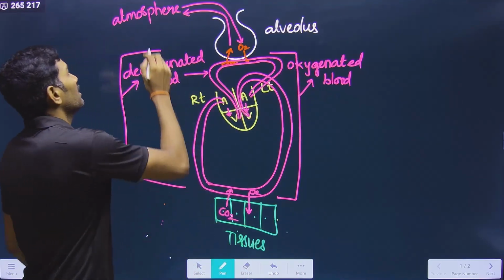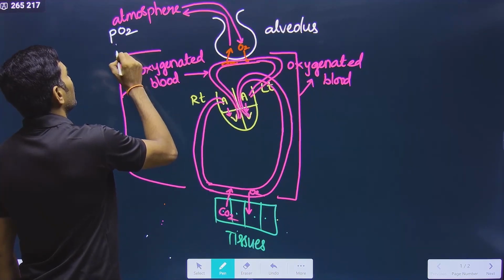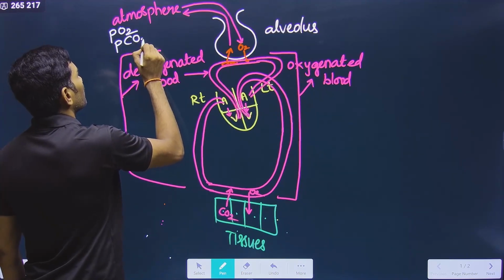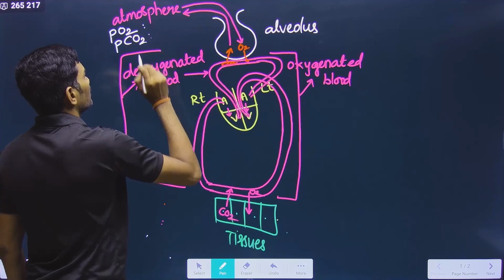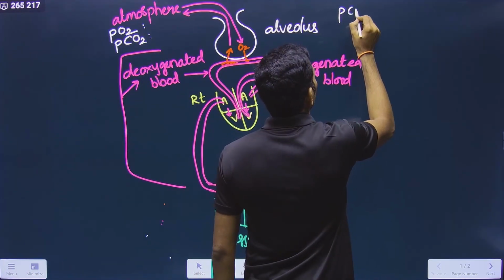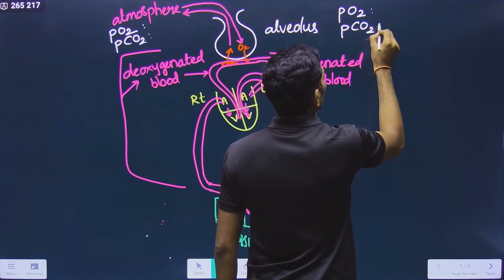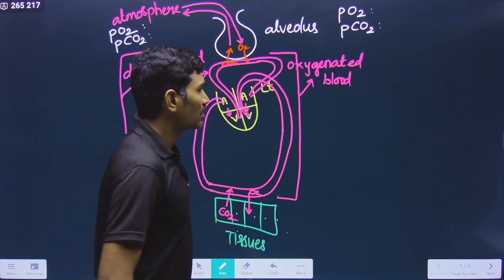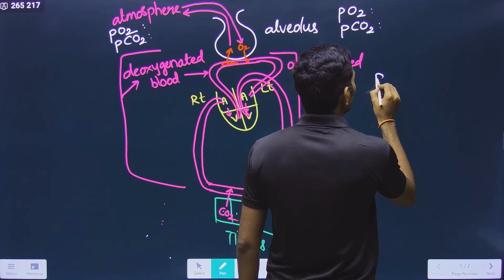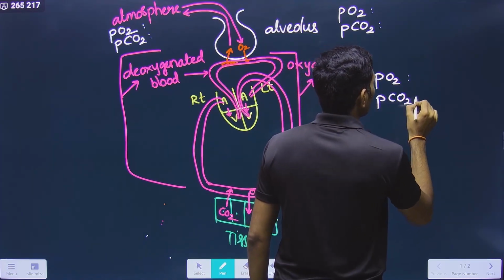So in the atmosphere, what is the partial pressure of oxygen? What is the partial pressure of carbon dioxide? What are these values we need to write? In the alveolus, what is the partial pressure of oxygen and of carbon dioxide? That also we need to write. In the oxygenated blood, what is the partial pressure of oxygen and of carbon dioxide?